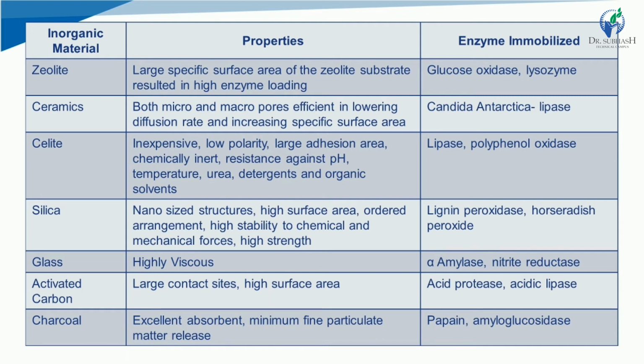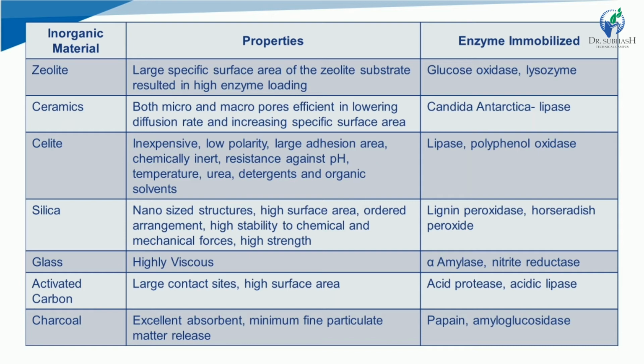I will not speak about each and every category. You can pause the video and check all the properties and examples of enzyme immobilization. Some of the most famous are zeolite, ceramic, celite, silica, glass, activated carbon, and charcoal. These are some of the examples of inorganic.